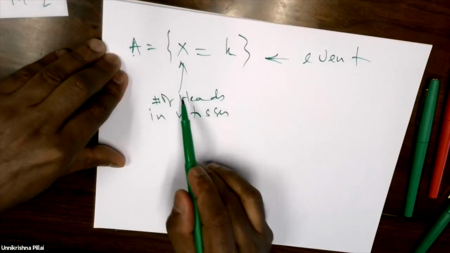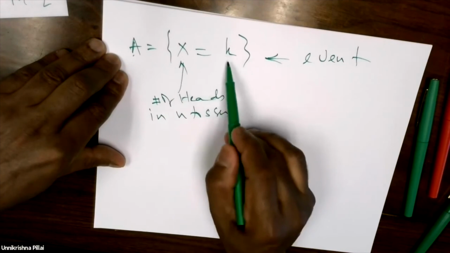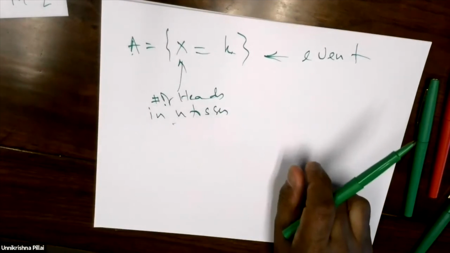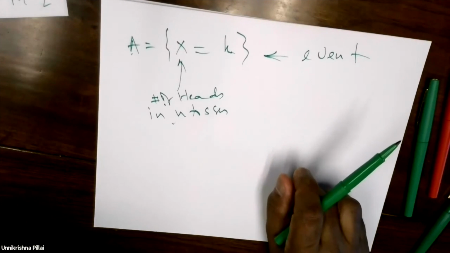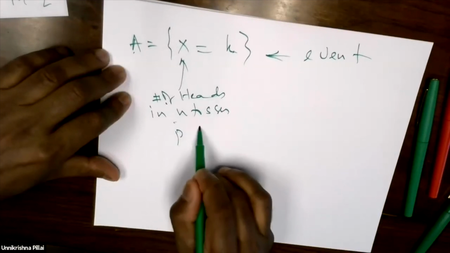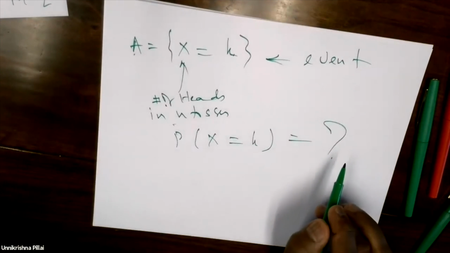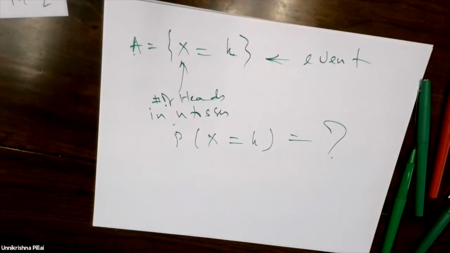The event is k heads in n tosses, and we want the probability of this event.